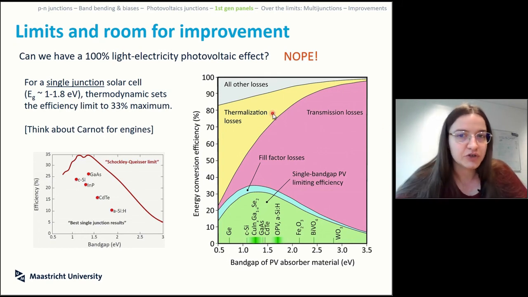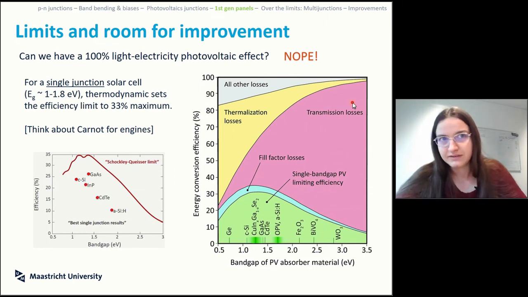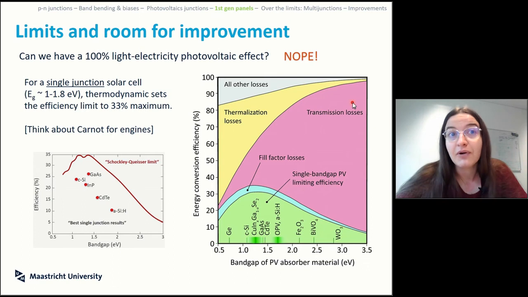Another issue that you might have in your material is transmission losses, because we've been talking about the PN junction, but as we were saying before, you need to connect it to something, and you need to drag the electrons off to actually be used somewhere else. This point of mobility and conduction will reduce the amount of energy that you'll actually be able to carry through.